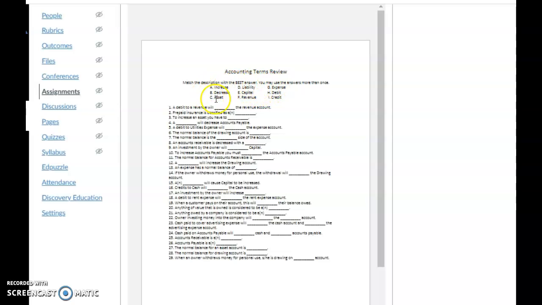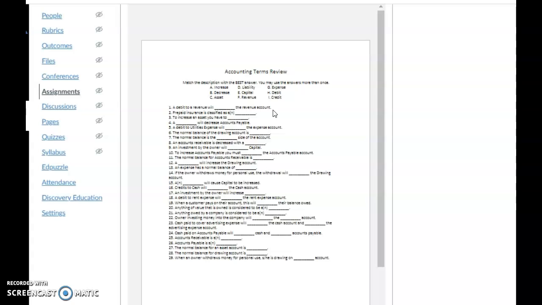And you can use these terms more than one time. You have increase, decrease, asset, liability, capital, revenue, expense, debit, and credit. And then you have a list of questions here, and it's basically just fill in the blank. For example, a debit to a revenue will blank the revenue account. So what effect will it have on the revenue if you are going to debit it?